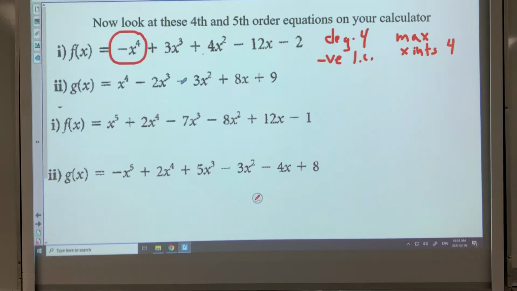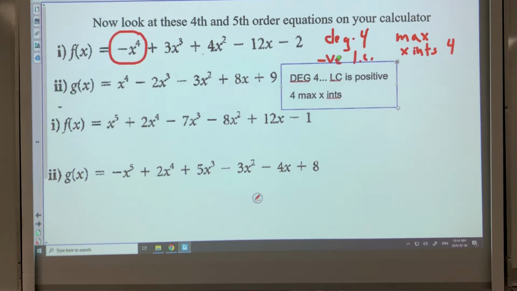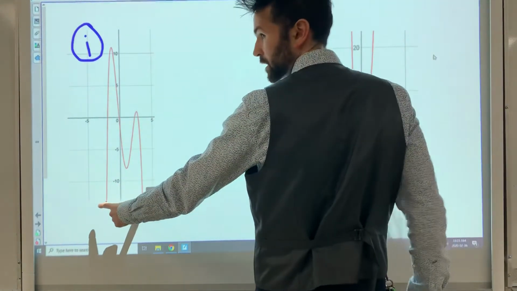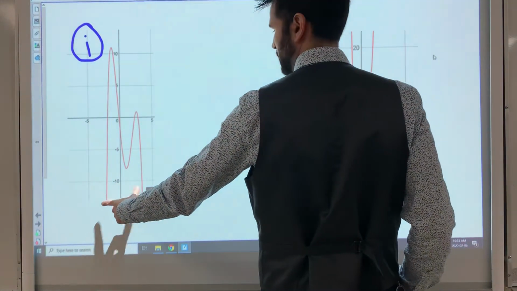Let's look at the second one. The second one is basically identical, except what's the LC? So it's degree 4, and the LC is positive. So still 4 max x-ints. None of the other numbers matter really. Well, I mean they do, but as far as what we're going to notice, this was a negative leading coefficient, degree 4 graph.